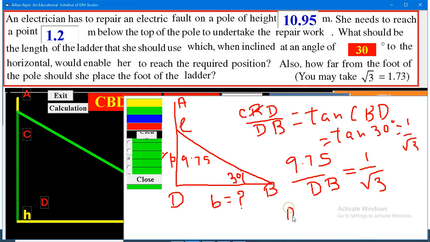So DB comes to 9.75 into root 3. Correct? Cross multiplication. And root 3 value is substituted 1.732. If you multiply the two, you will get the answer.